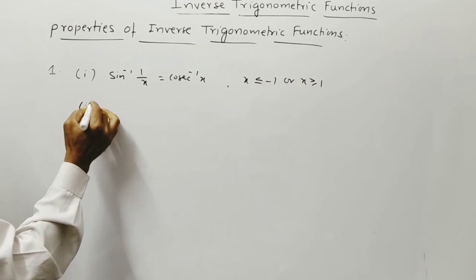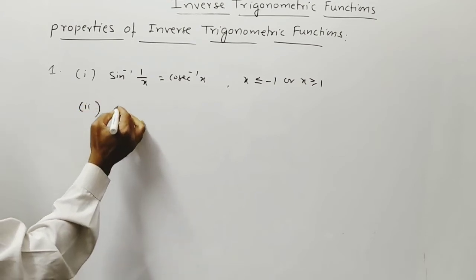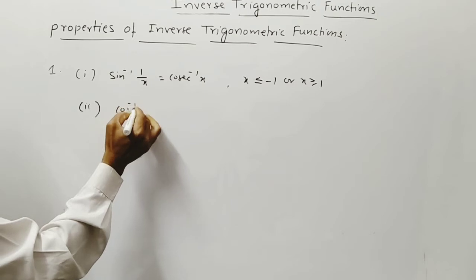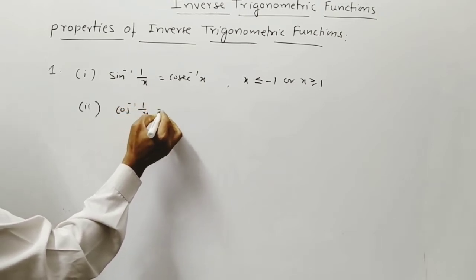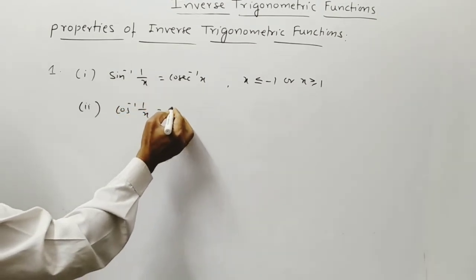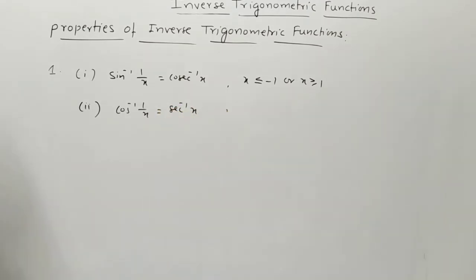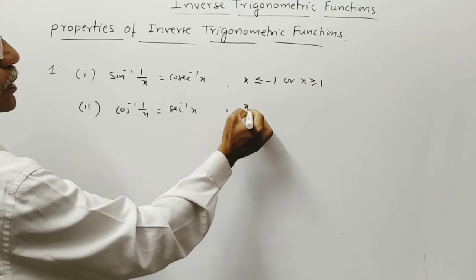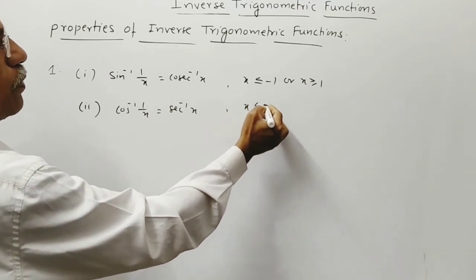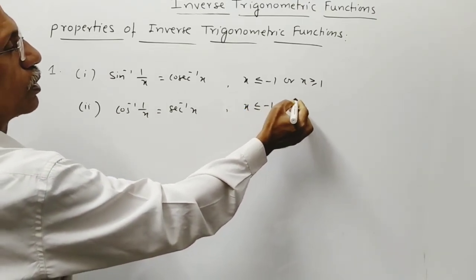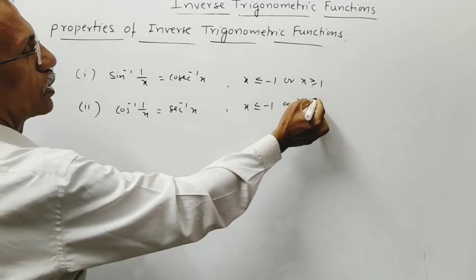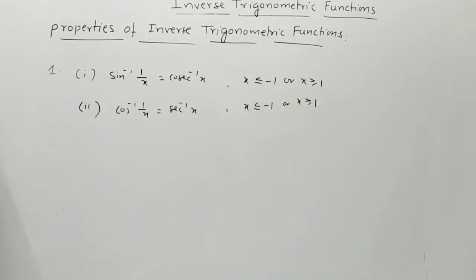Second one, cos inverse of 1 by x is equal to sec inverse of x. Again here x is less than or equal to -1 or x is greater than or equal to 1.